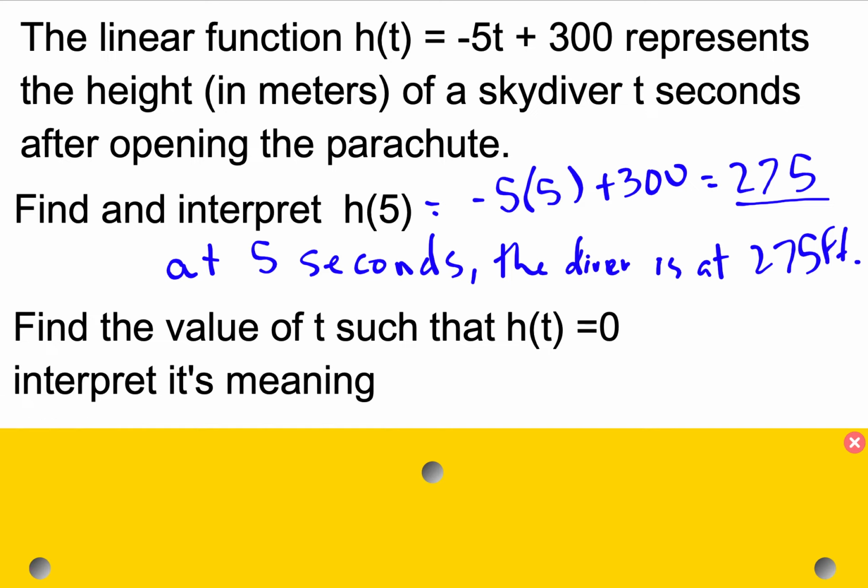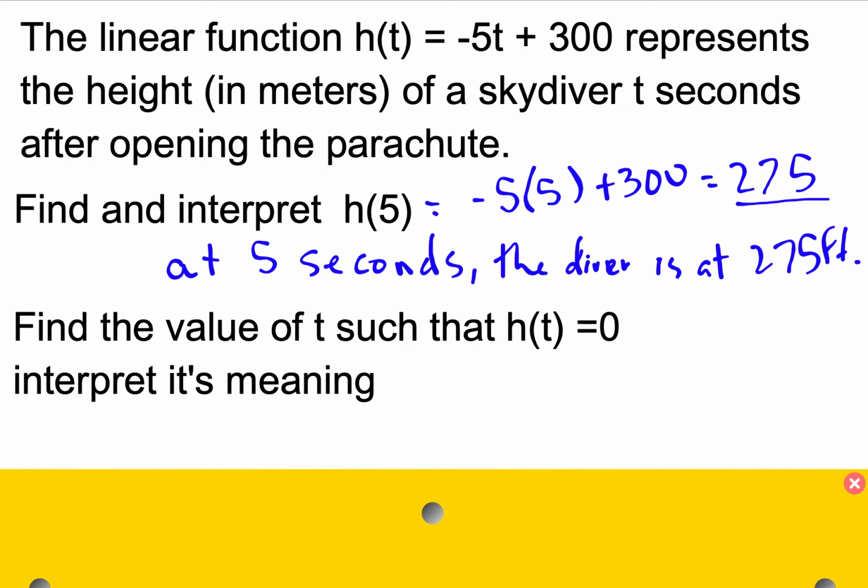Okay? Find the value of t such that h of t equals 0 and interpret its meaning. For this, we're going to find when h of t is 0, so we'll want to plug that into the original equation for h of t. We're going to solve for t here to figure out what value of t is going to make us have an output of 0. So I'll subtract 300, and that gives me negative 5t equals negative 300.